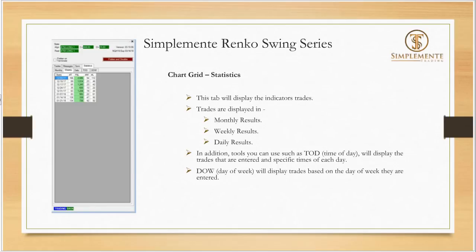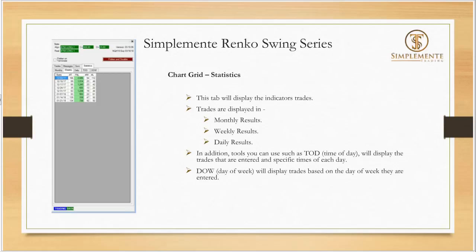So now you can see the next tab here. Now the backtesting model that was built into it, this is where you can actually see those results. And so you can see them monthly, you can see them weekly, you can see them daily. And you can see there it also shows you the wins and the losses.